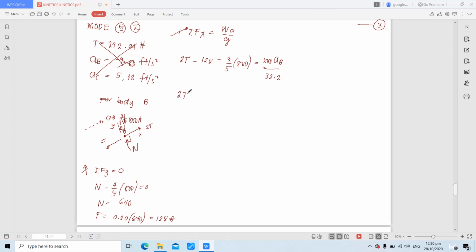So, that is tension 2T minus 800 acceleration of B over 32.2. Ito, magiging equivalent to, magpa-plus, positive 128 plus 480, 608. Let this be our equation number 2.